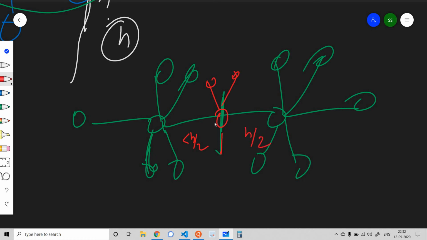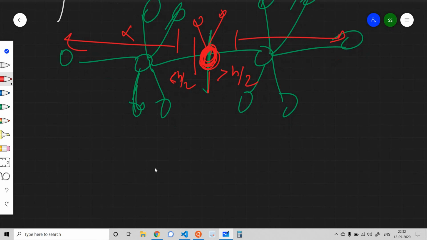In that case, our centroid would be the node present at this point, because on the left of this we have less than n by 2 nodes, so we cannot have our centroid in this region. Similarly, we cannot have our centroid in this region, as here the number of nodes is greater than n by 2. So in this case, our centroid can only be this.